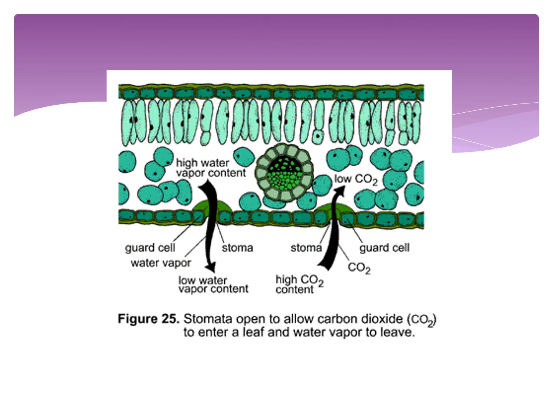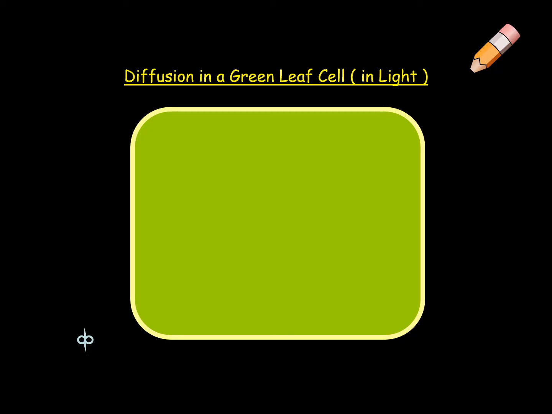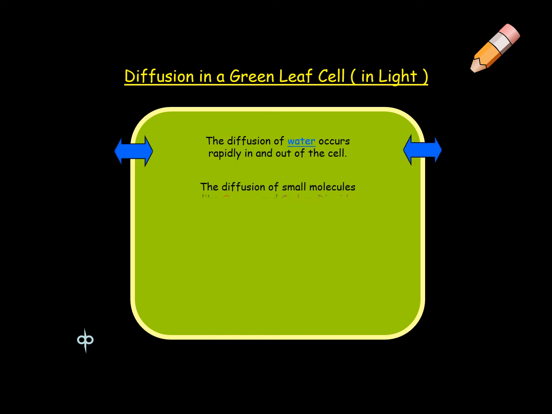So plant cells, like animal cells, need to perform gas exchange because they need to perform respiration, but they also need to do the process of photosynthesis. So plants, unlike animal cells, need to take in carbon dioxide and give out oxygen. So if we look at our plant cell now, diffusion in the green leaf cell in the light, the diffusion of water occurs rapidly in and out of the cell just like the animal cell.